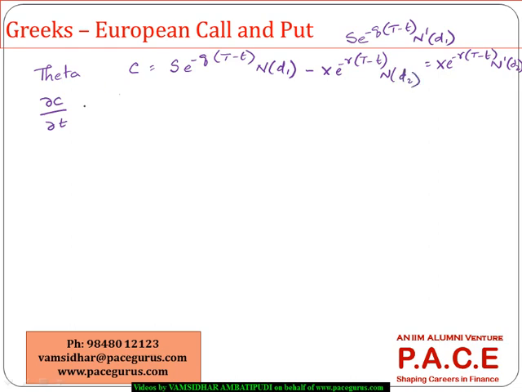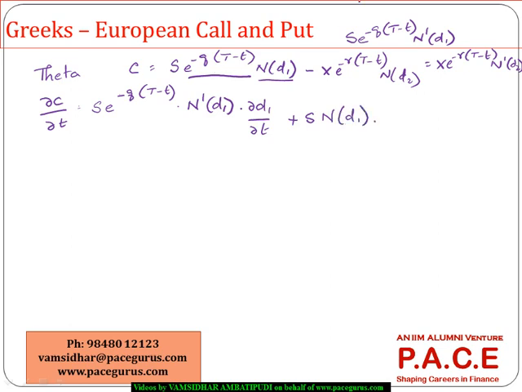So if I have to differentiate with respect to t here, t is present here as well as here. The first term comes out as S e^(-q(T-t)) N'(d1) ∂d1/∂t plus S N(d1). If I differentiate e^(-q(T-t)) with respect to t, the derivative comes out as q.